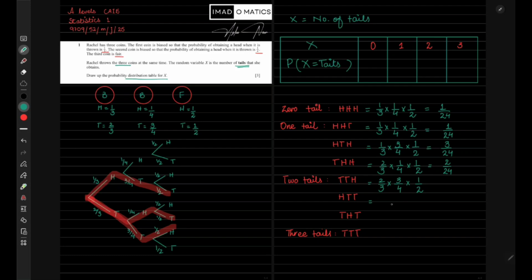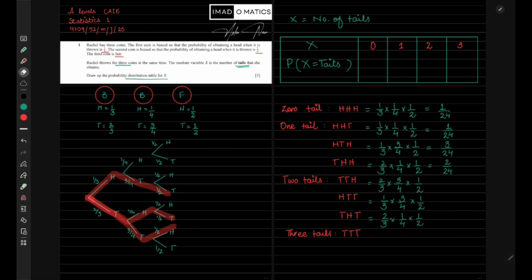Head, tail, tail will give you 1 over 3, 3 over 4, 1 over 2, and tail, head, tail will give you 2 over 3, 1 over 4, times 1 over 2.